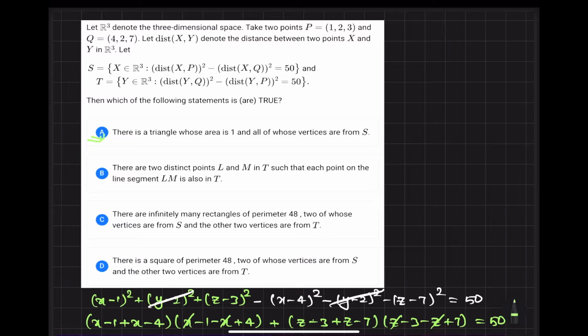Okay. Now let there be two distinct points L and M in T. So there is T, and you know that T is a plane. On the plane you are considering 2 points, and each point on the line segment LM. So suppose that this is the line segment LM.